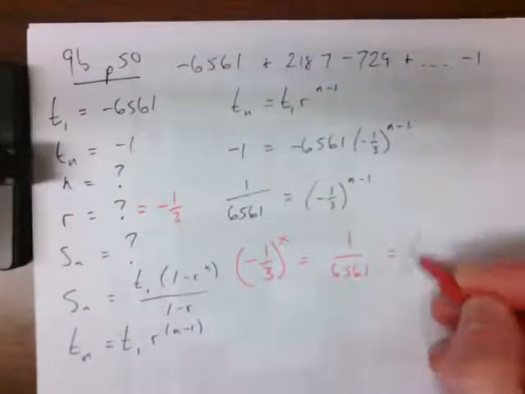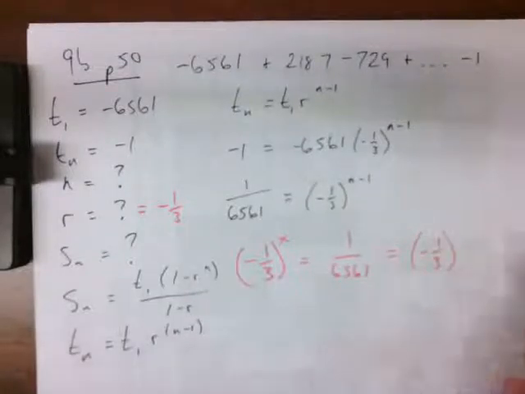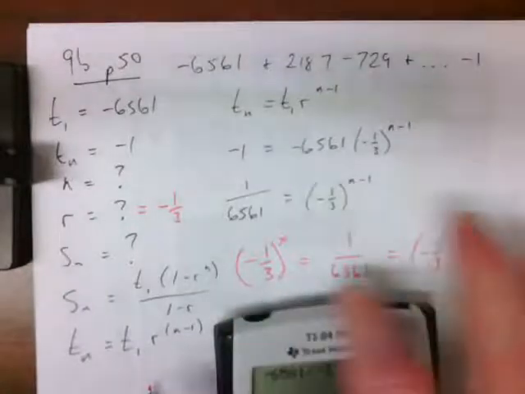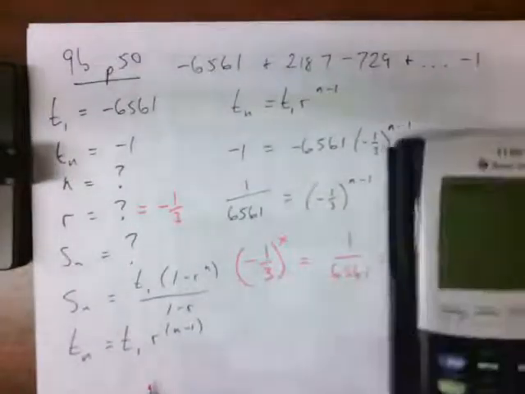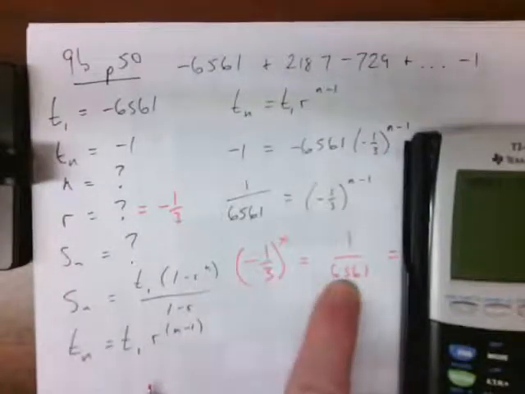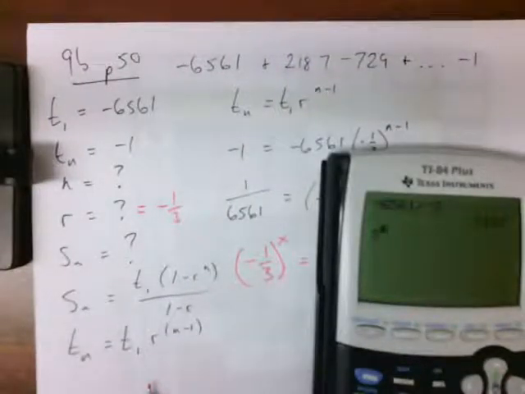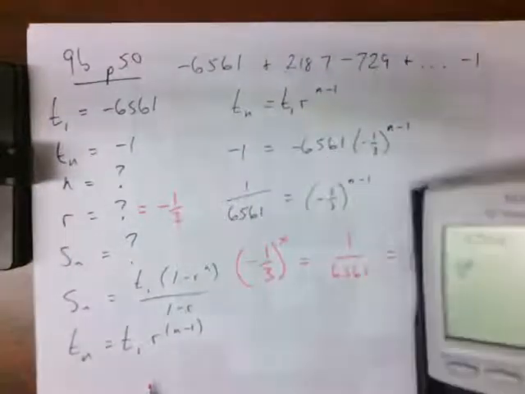So negative 1/3, it's probably 8 or 10. I'm just going to look at the 3's, just easier to deal with on the calculator. So 3 to some power will be 6561. 3 to the 8 is 6... oh, there we go. So it's 3 to the 8.